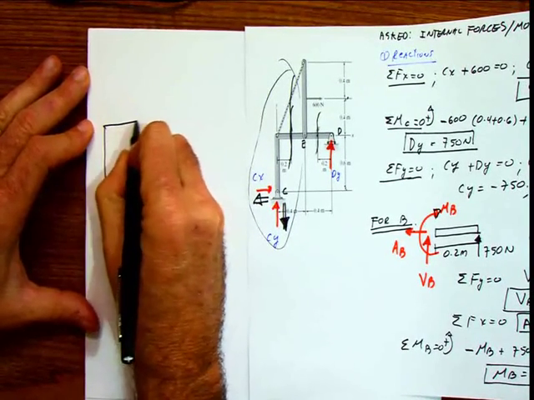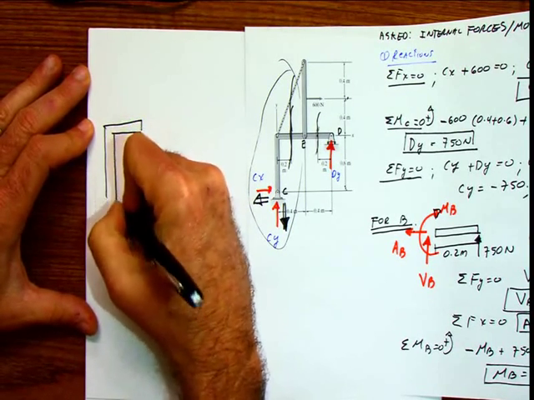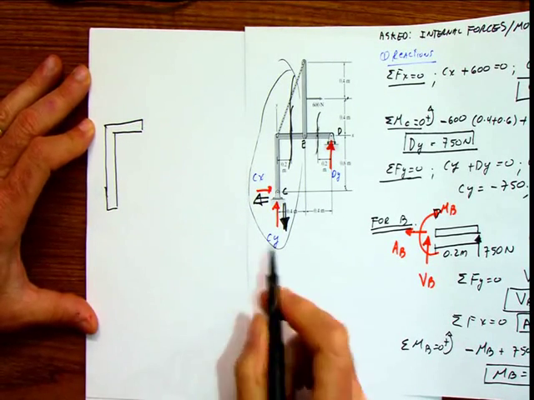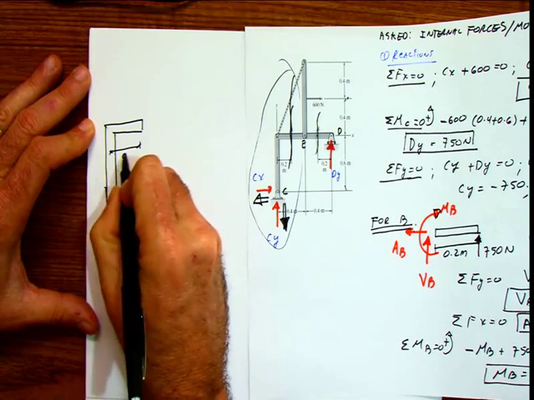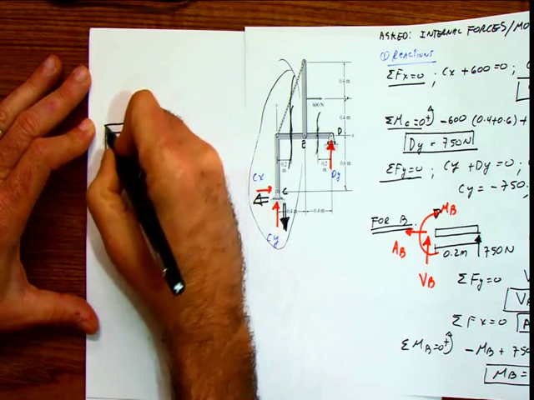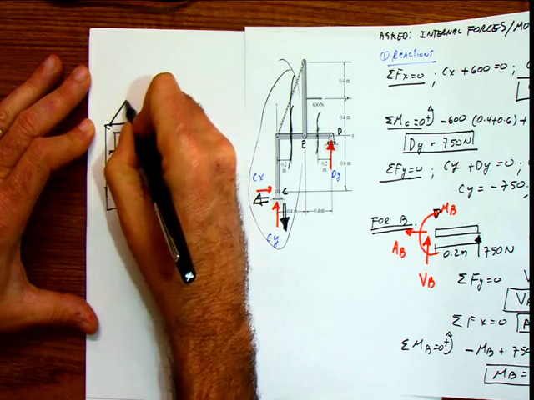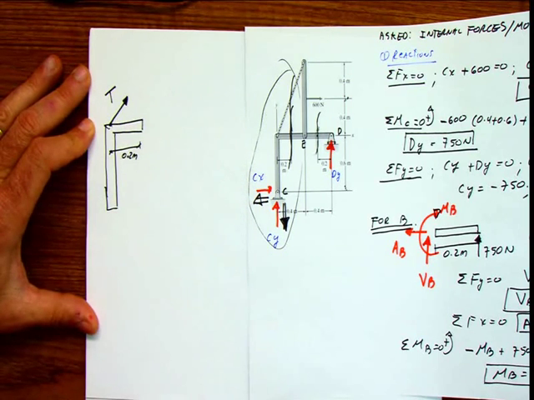We have this section. This distance is 0.2 meters. I have this tension over there.